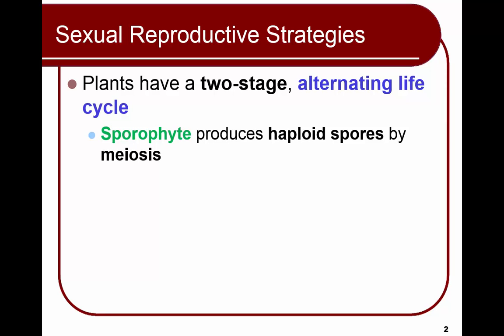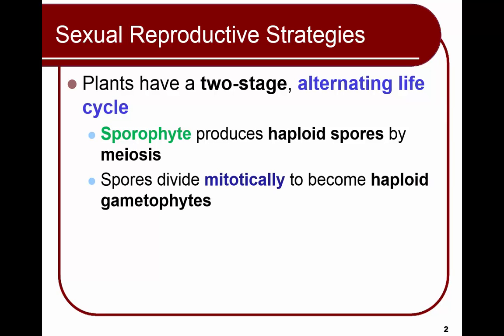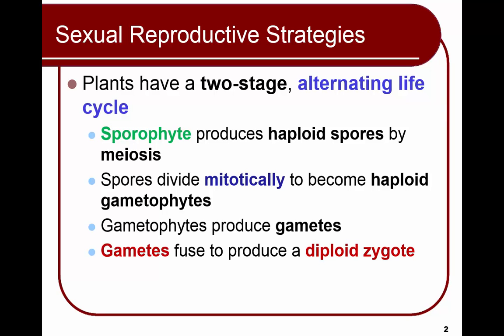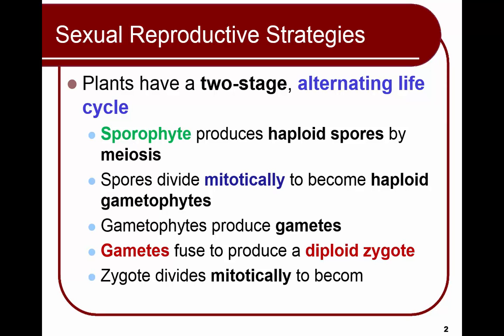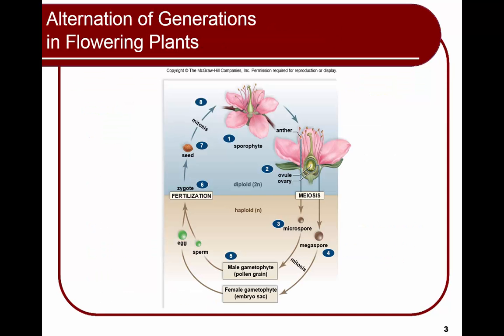And meiosis is the part of the life cycle that bears the flowers. The spores will divide mitotically to become haploid gametophytes, and then the gametophytes make the gametes. The gametes fuse to make the diploid zygote, and then the zygote divides mitotically and becomes the diploid sporophyte. So it's a cycle that just repeats itself over and over.